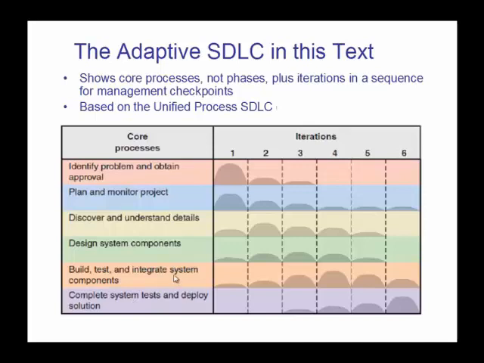Note that there's actually some coding at the end of each iteration, so you're producing, in this case also, some kind of a prototype, some executable that can be run, that people can look at and evaluate to see how well the project is progressing. This particular SDLC is based on a system development methodology called the unified process, or sometimes the rational unified process. And you'll see later the full life cycle for unified process.